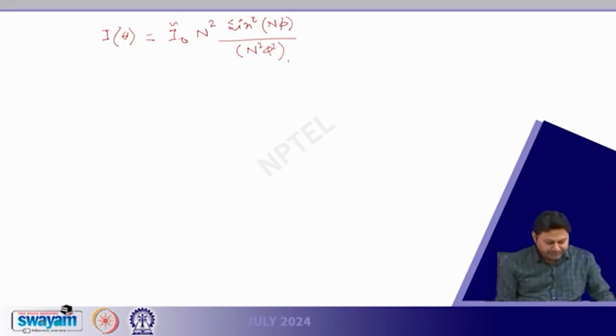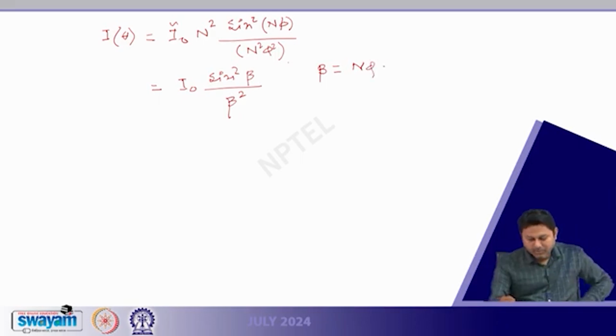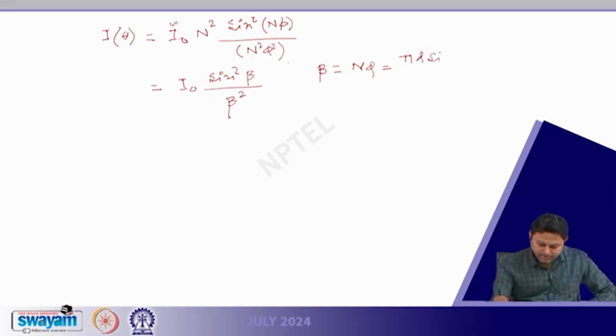By writing so, this expression now has a specific form, and it is I 0 then sin square beta whole divided by beta square, where my beta, which is n phi, which is pi d sin theta whole divided by lambda.